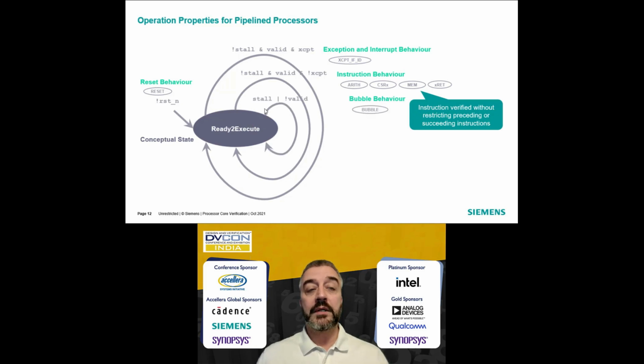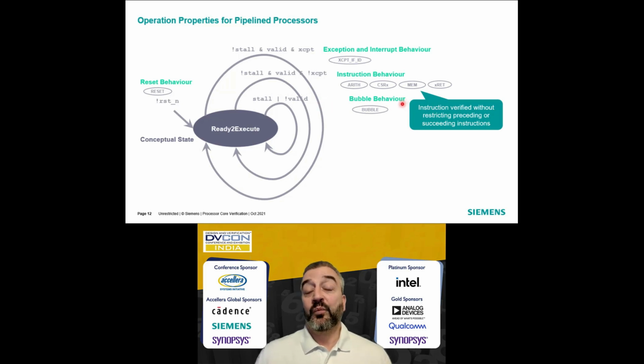To complete the case split, of course, you would then also have not only all exceptions and all instructions, but also the cases where you are either stalling or nothing valid is coming from the fetch, which is kind of the same, right? It means currently I can't really execute anything.